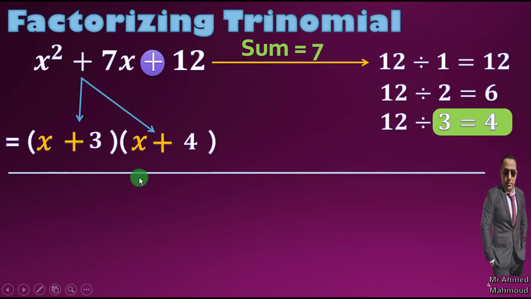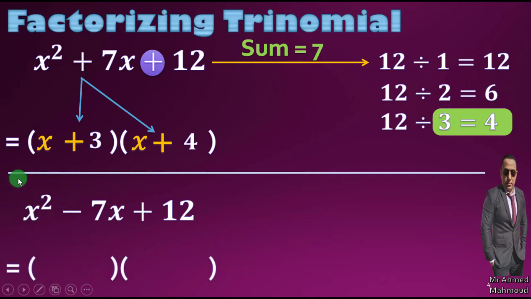Another example. If I have x power of 2 minus 7x plus 12. First, you are going to open two brackets. Second, you are going to distribute x here and here. This sign is positive, so I'm going to distribute the middle sign here and here, like this. 12 divided by 1 is 12, 12 divided by 2 is 6, 12 divided by 3 equals 4.